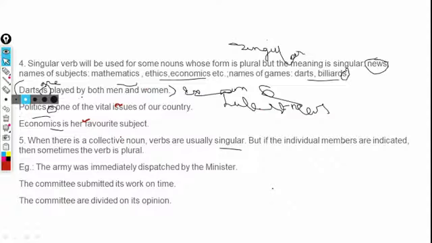Number 5 is if there's a collective noun, and this is one of the most important points ever because questions are asked from these points. That is why I have urged you to watch the previous videos on collective nouns, the kinds of collective noun, and the function. Basically, what does a collective noun do?